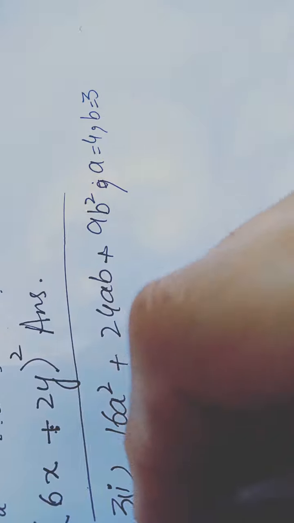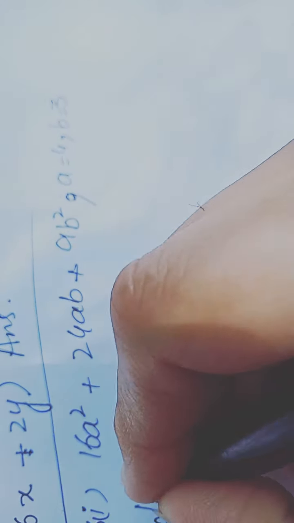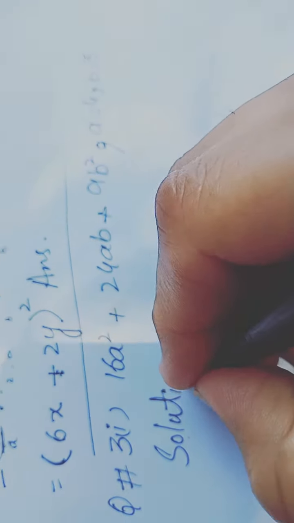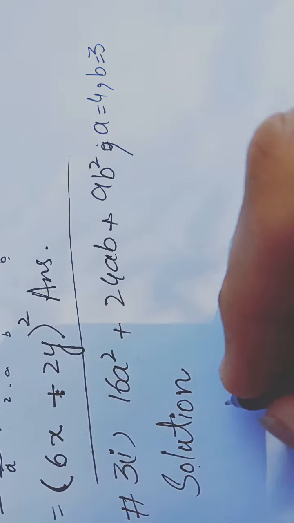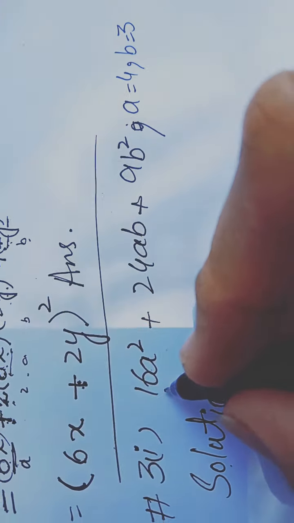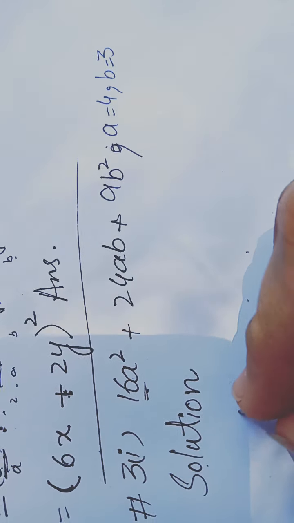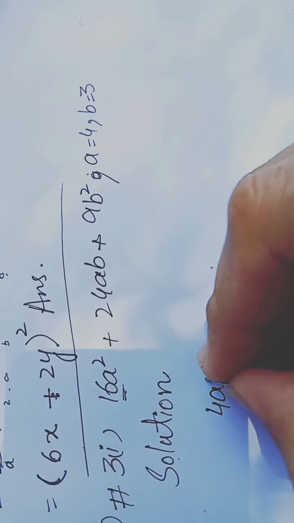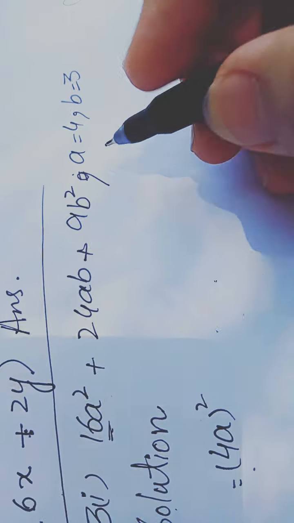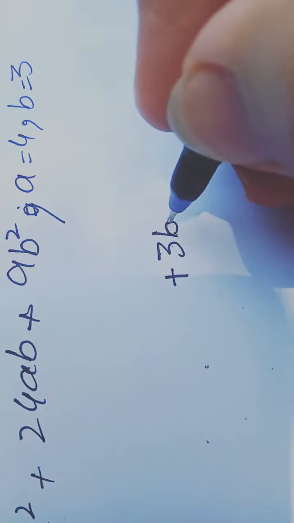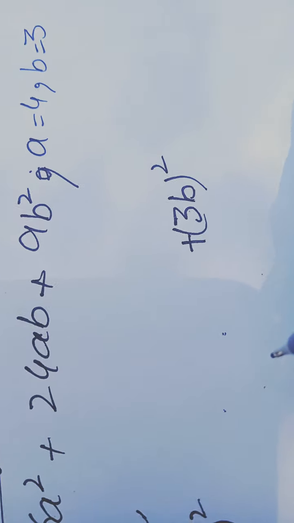So what will you do? First thing that you have to do: 16a square, which digit makes the square of 16? 4a square, this is the square of 16, and for 9 it will be written as 3b square.